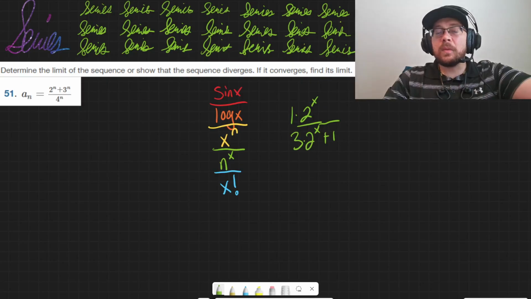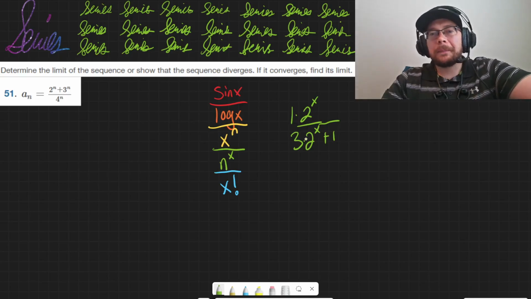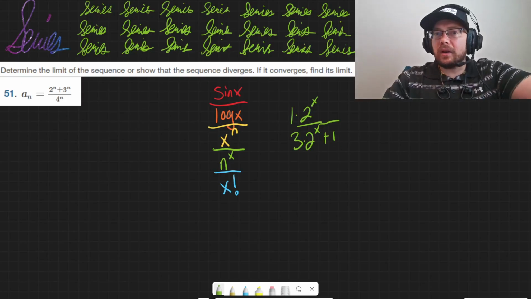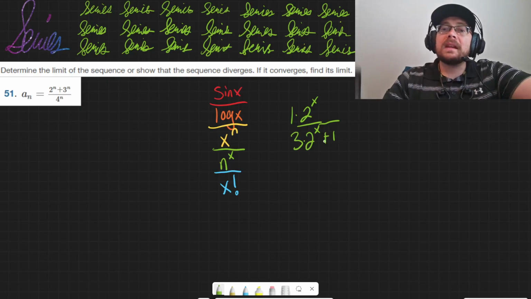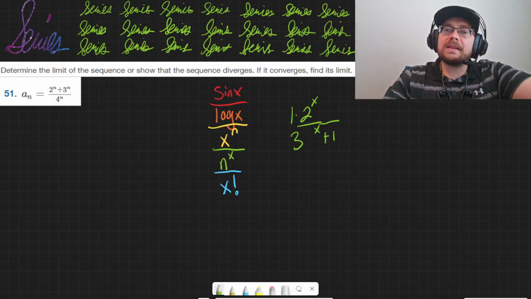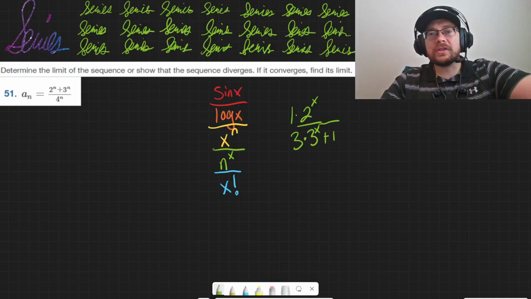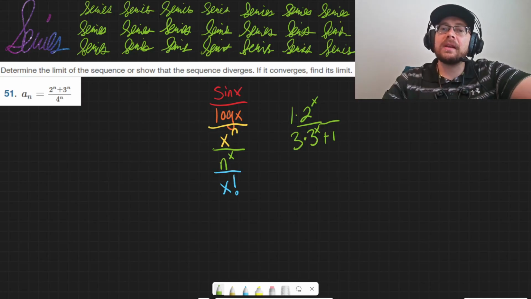These would have the same degree equivalence is what I would call it. They have the same strength. So you would divide the leading coefficients, and the limit as this goes to infinity would be 1/3. If, though, this base was a 3, now those leading coefficients no longer matter because the base 3 is bigger than the base 2, therefore the limit is 0.